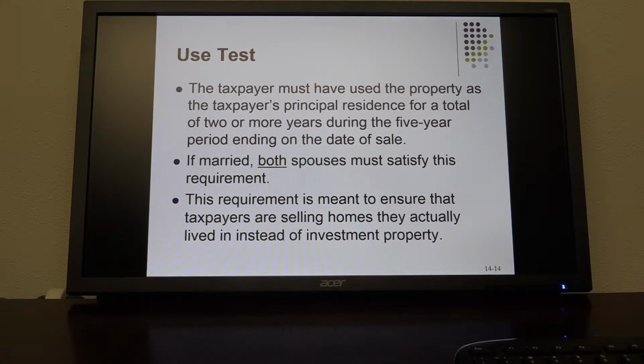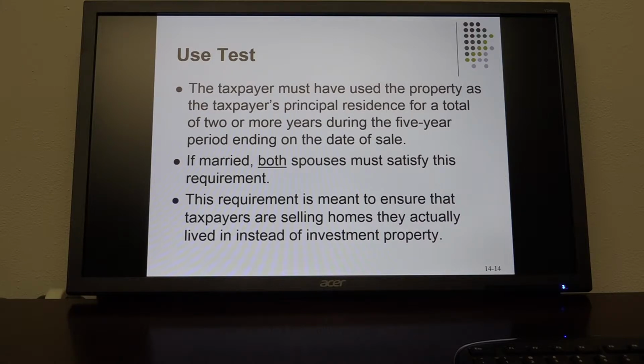And so the use test is the one where, even if they meet the ownership test, they're not going to be able to meet the use test, because the taxpayer must have used the property as the taxpayer's principal residence for a total of 2 or more years during the 5-year period ending on the date of sale.